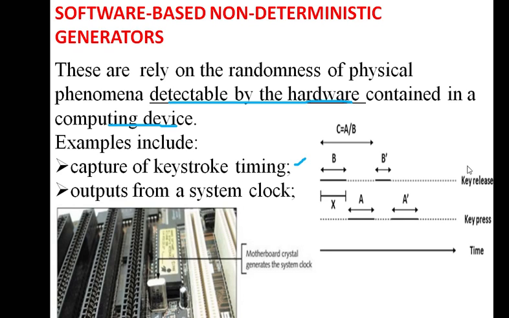Keystroke timing means if you press a key on your keyboard, that randomness, you are typing randomly, right? So that key pressing and key releasing will note the time. And output from system clock. This system clock will generate a number, right? So that's the system clock's time. So these are based on software.